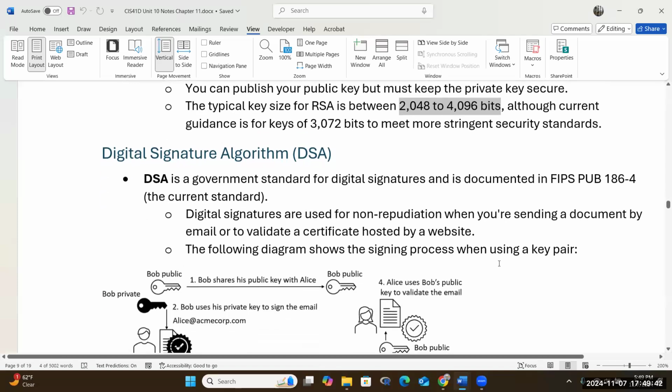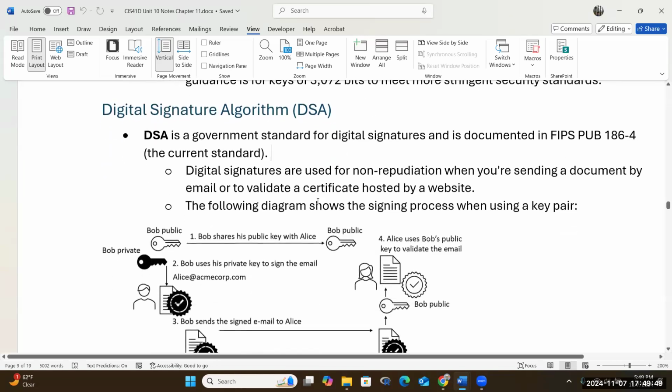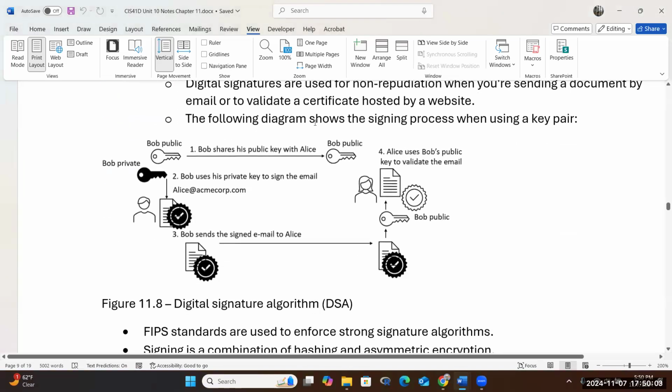Here's your DSA, which is your digital signature algorithm. We know this. Earlier it mentioned digital signature. I'm sure you use this. I use this a lot to be able to have authenticity when I'm sending documents and things over email. So you have a sender and a receiver.